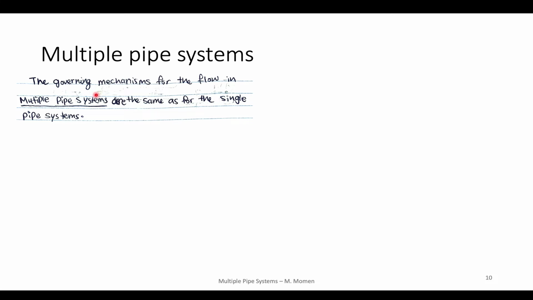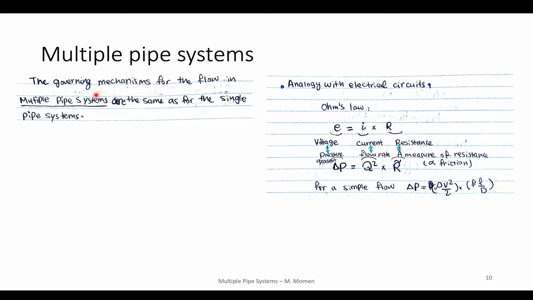But before delving into the details of multiple pipe systems, I would like to bring an interesting analogy with electrical circuits, because many of the terminology that we are going to use are similar to electrical circuits, and there is also an underlying similarity between these two systems, because they are both concerned with discharge or currents that we observe.